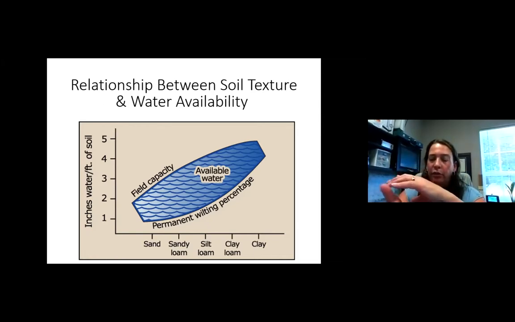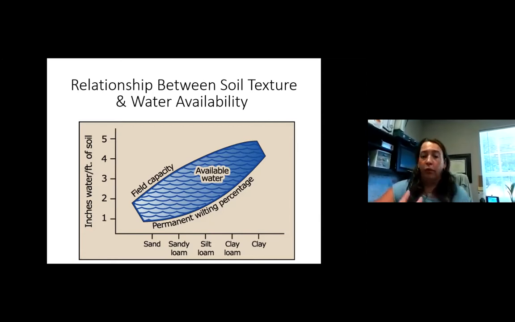You have to apply more water to a clay soil before plants can take water out of the soil. So for me, with my sandy soil, I know if I apply 1/3 of an inch of water, my plants can take up that water. They're going to take it up, and what they don't is just going to move down through the soil column beyond where the roots can take it up.